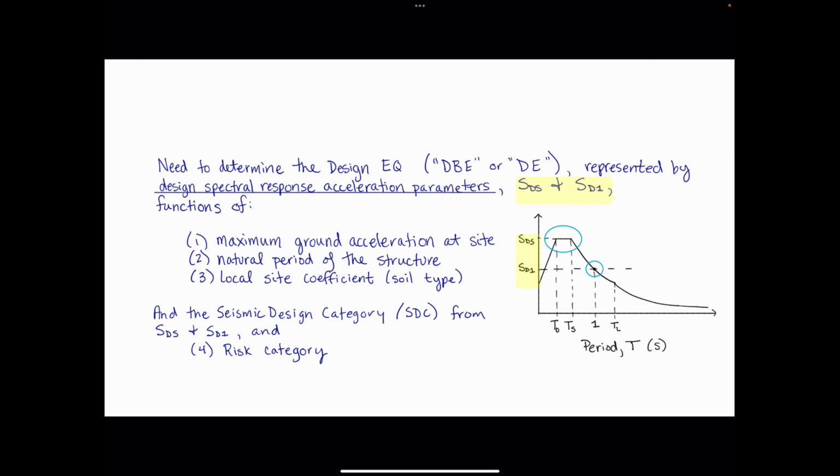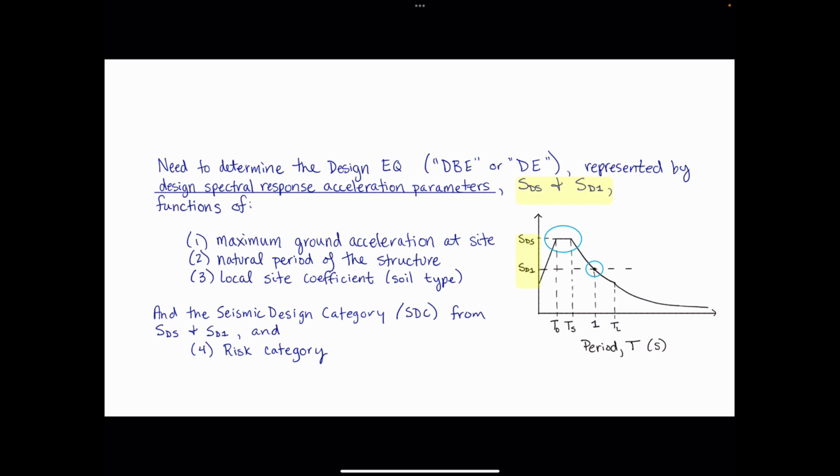Graphically, it's represented by this design spectrum, where the maximum has a plateau defined by one parameter, SDS, and then a point here corresponds to a 1 second period, and that is defined by SD1. So we come up with these two values to generate a design earthquake that has a spectral graph that looks like this.